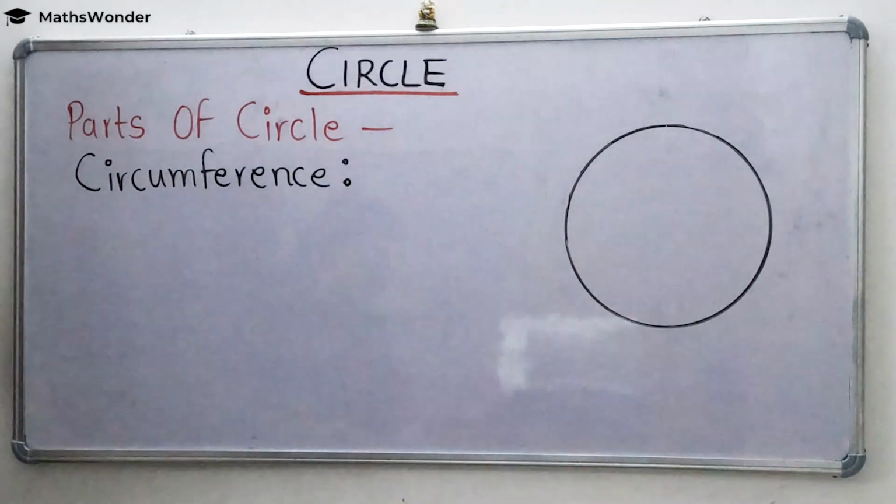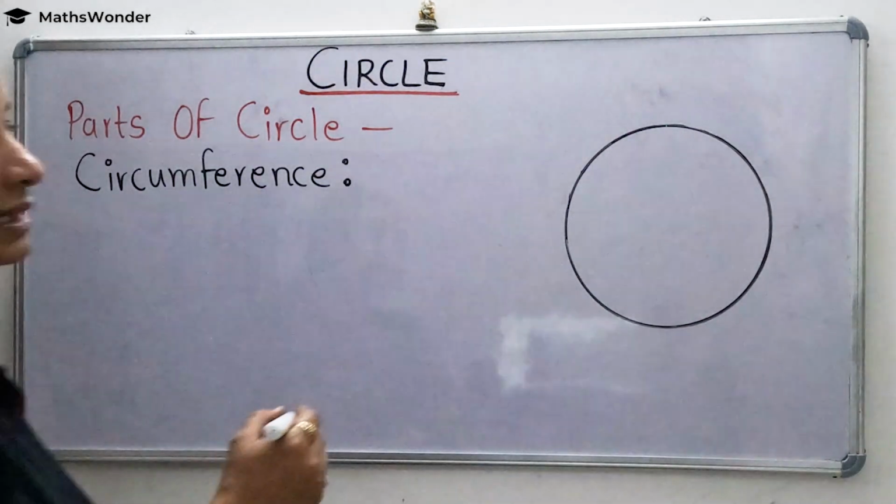It is just like the perimeter of other shapes. We use the word perimeter for other shapes, the total length of the figure. But in a circle, the concept is the same, only the name is different. We call it the circumference.